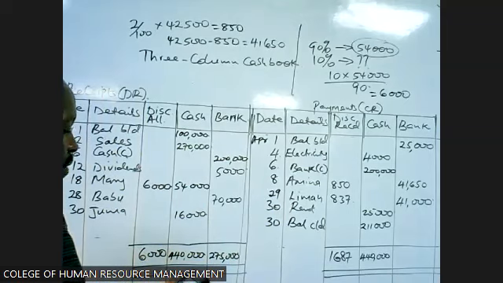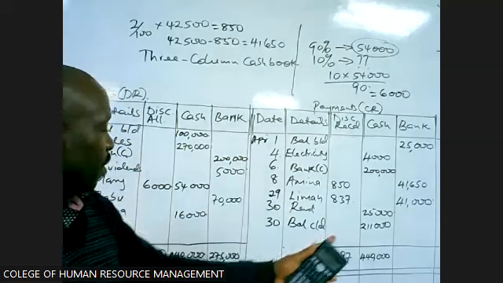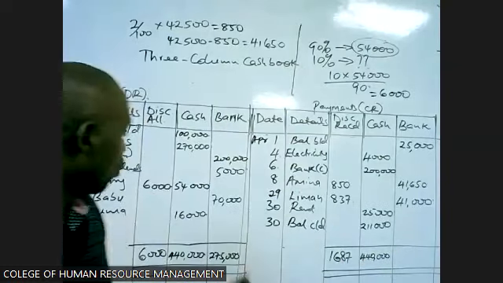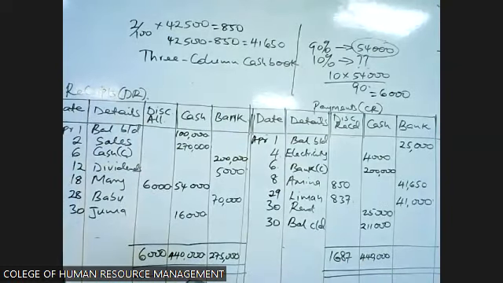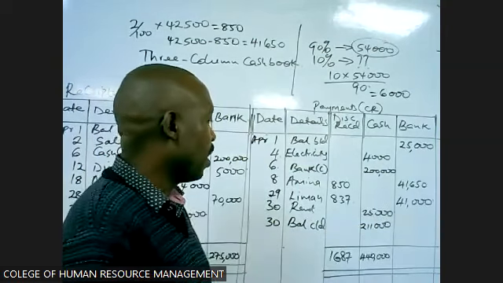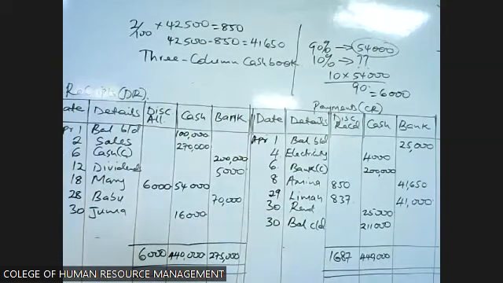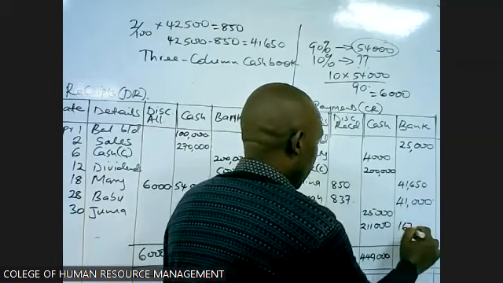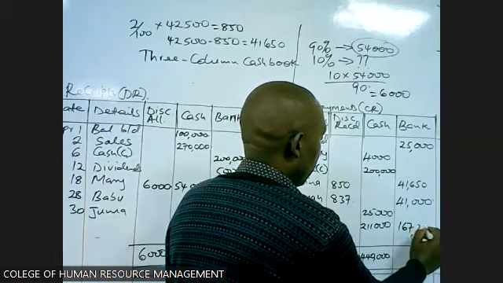That is 107,650 that we paid, but we had received 275,000. So the difference between what we received and what we have paid is the closing balance. So 275,000 minus 107,650 gives 167,350.